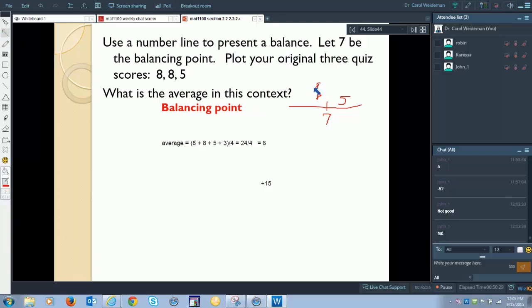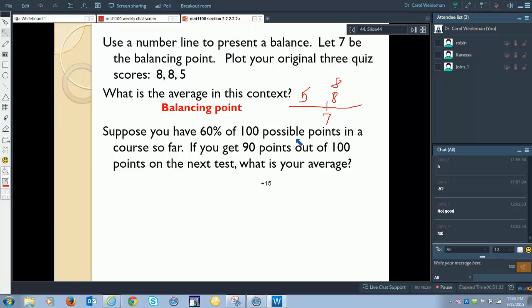I should put the 8s on the top. So you have an 8, and an 8, and then you have a 5. So if you think about this from the balance point idea, these two are 1 point above the mean. This is 2 points below the mean, so this is like a -2, and it's being balanced out by a +1 and a +1. That's what we mean by the balance point idea.